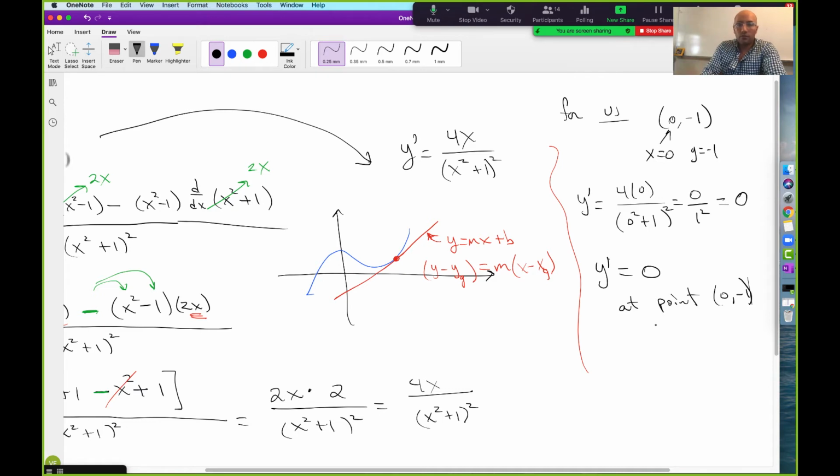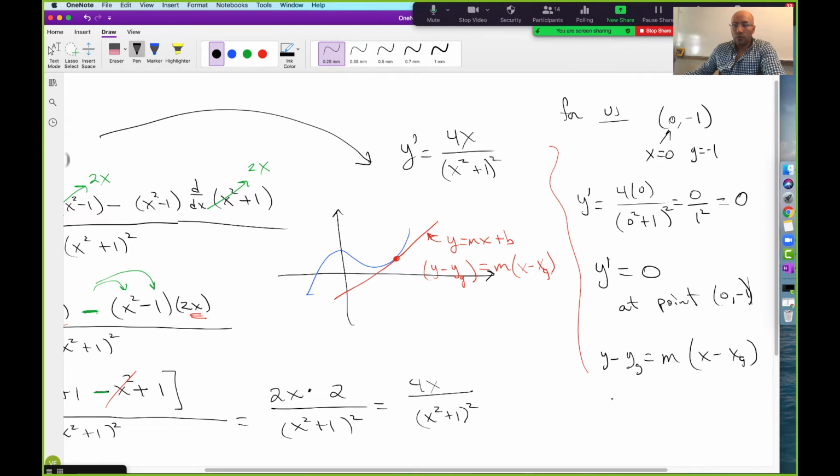Good, good. And so it'll end up being, right, if we want to plug it in, we have y minus y given equals m times x minus x given, right? And here are the 2 points that we have.